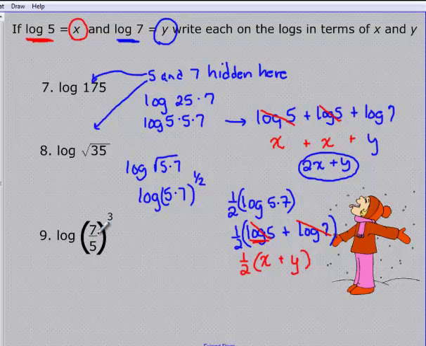This one's not that bad. Let's see if we can bounce through it really fast. Powers are no longer powerful, so they fall down in front. There is no such thing as division, so I will rewrite this as a subtraction problem.